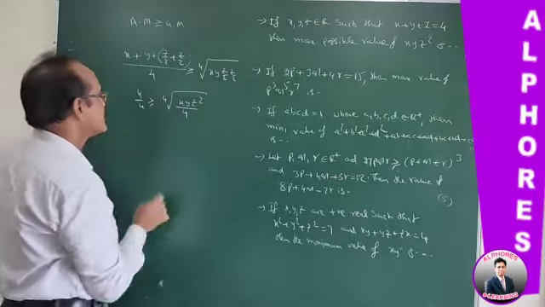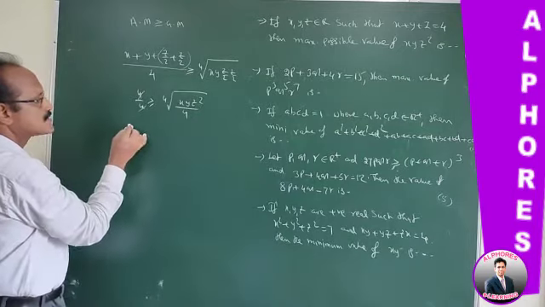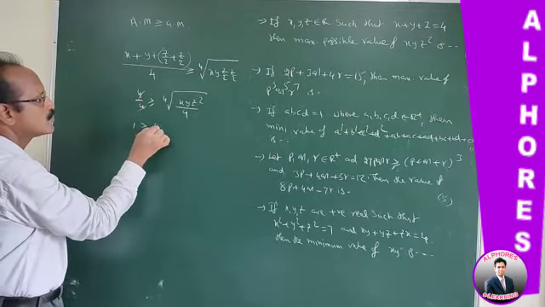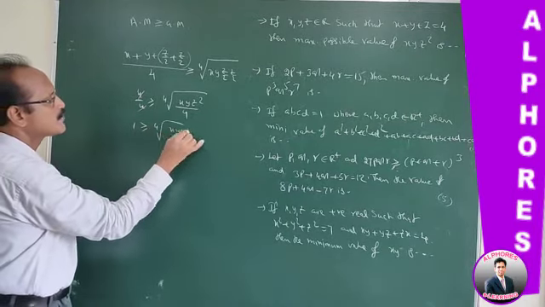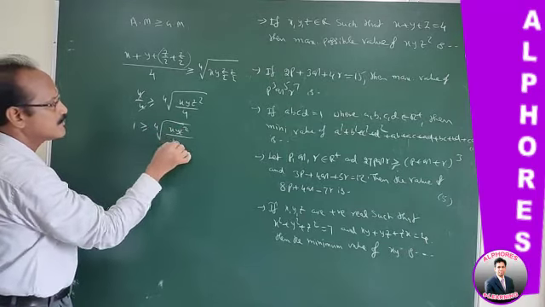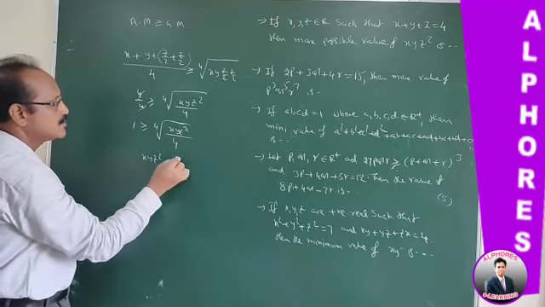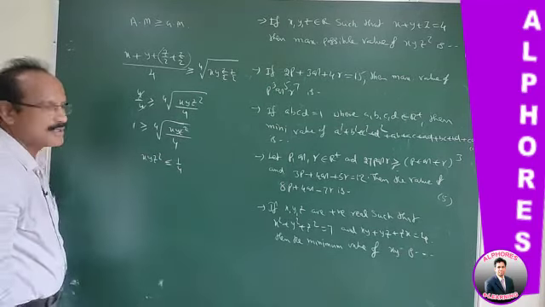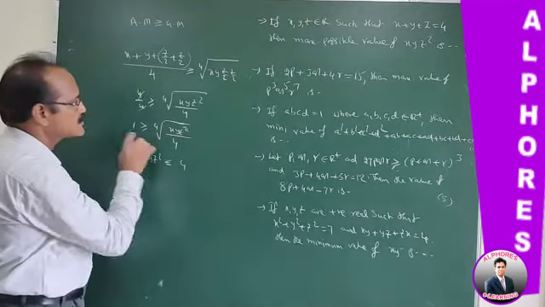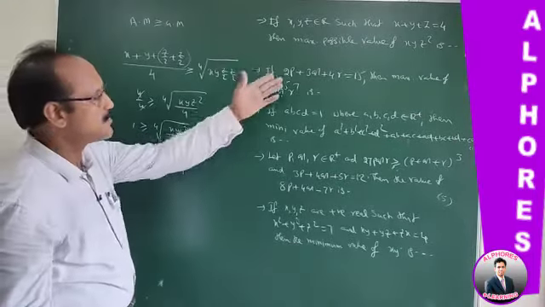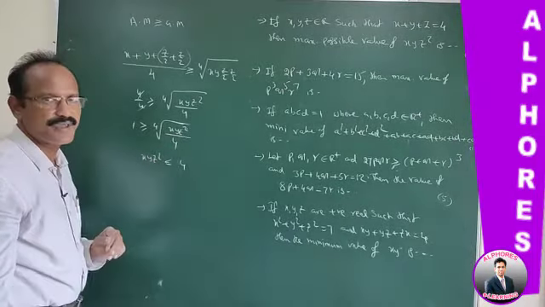The 4 gets cancelled. That is 1 is greater than or equal to the fourth root of x y z square by 4, or x y z square is less than or equal to 4. That is the maximum value of x y z square.